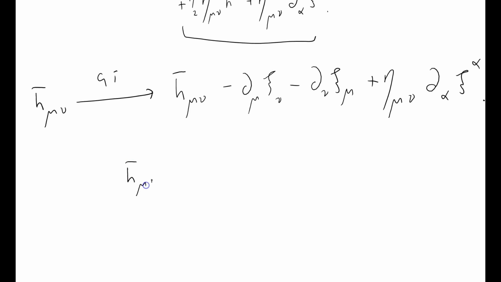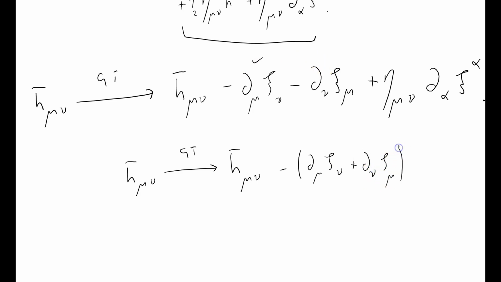H bar mu nu goes to, under a gauge transformation, which is psi, which is small, what it was before, minus, I'm going to bracket it slightly differently, di mu psi nu plus di nu psi mu, plus flat space tensor eta mu nu times effectively the divergence of psi.